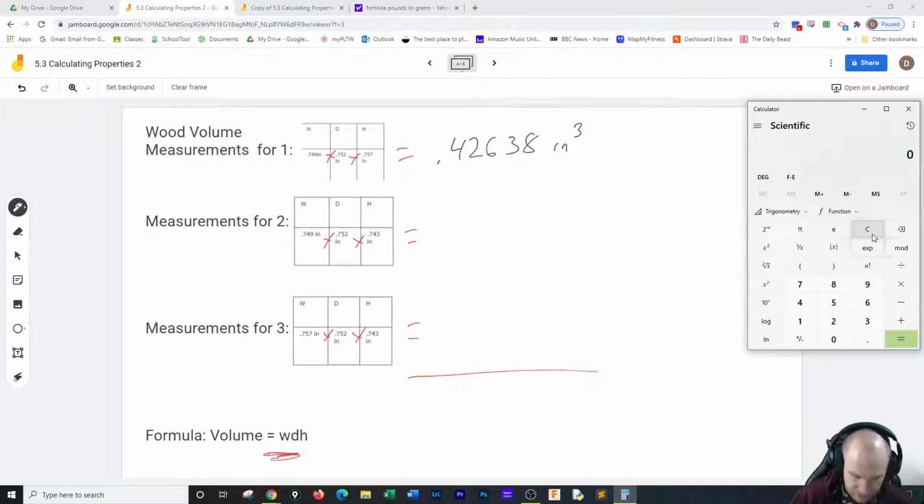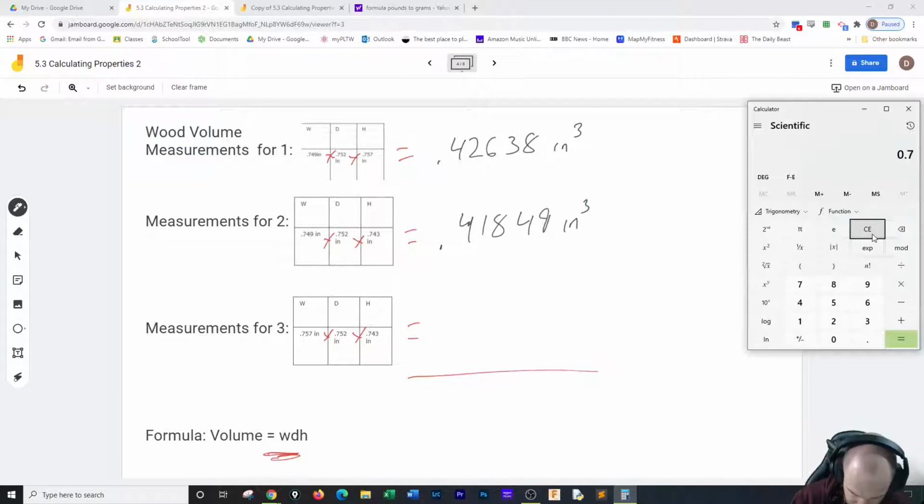And then the next one, same kind of procedure, 0.749 times 0.752 times 0.743, enter. Its volume of 0.41849, being consistent in the amount of spaces I'm giving it here.